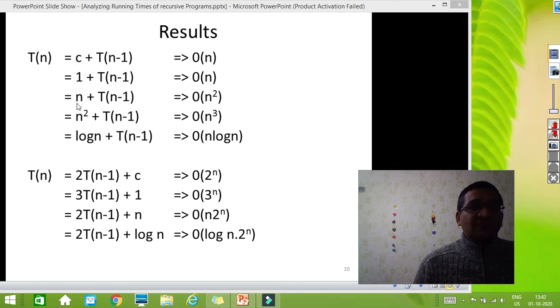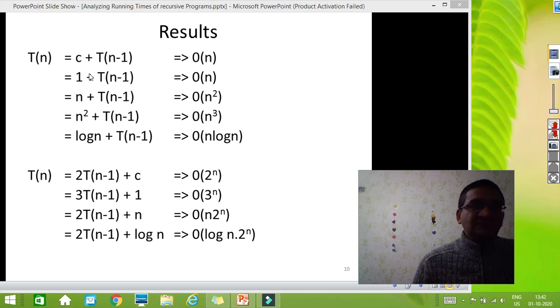If you look at the result, when you have a constant plus t n minus 1, then the cost of this kind of function is big O of n. If it is a constant or a 1, then it is big O of n. Actually 1 represents the constant here, some constant effort.